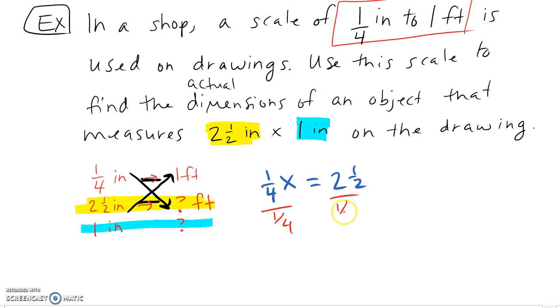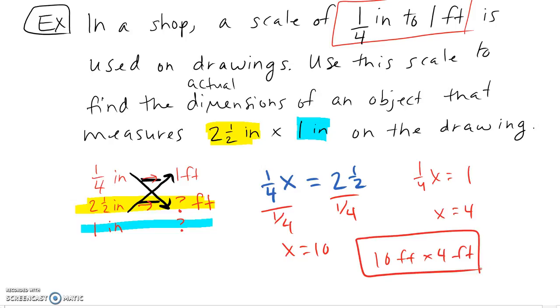So that first dimension is 10 feet, because a 1/4 inch fits into 2.5 10 times. Going on to the other one, the blue one, is 1 inch. It's the same problem. 1/4 x equals 1 times 1 is 1, and that gives me x equals 4, so 10 feet by 4 feet are the final dimensions to that problem.